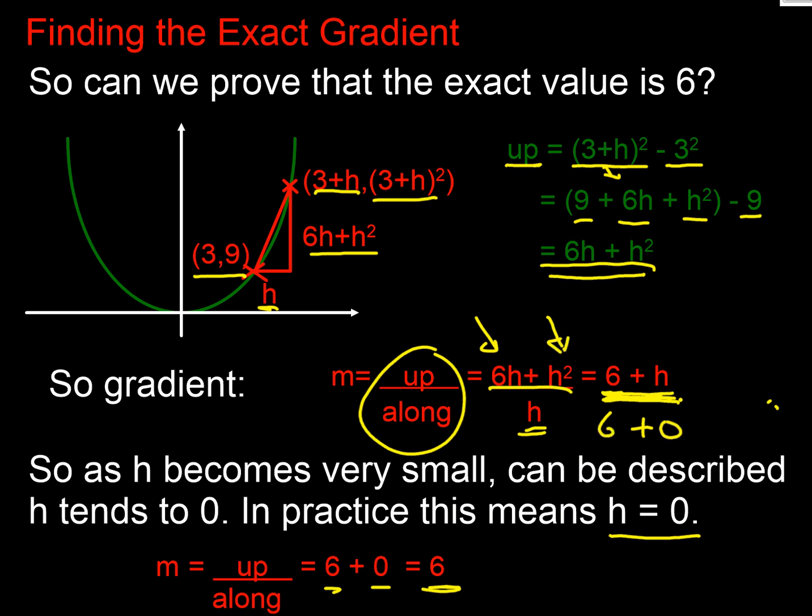So we've proved that at the point 3, 9, for the curve y equals x squared, the gradient at that point is 6. I'm going to stop there, and you can look at that, and I'll pick up and do another video to generalize this.